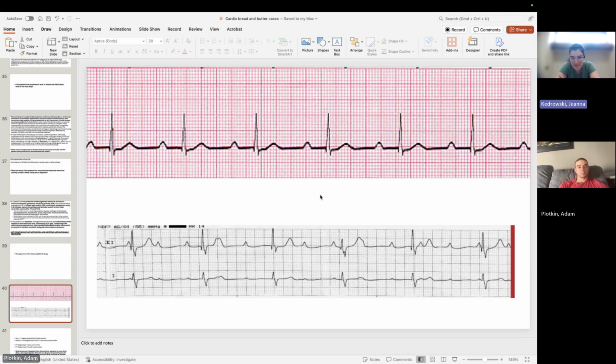On a quick glance, it's not like an obvious heart block. It's about 1.5 between each, so that's probably not it.